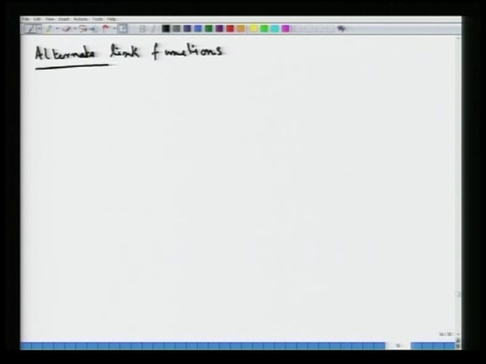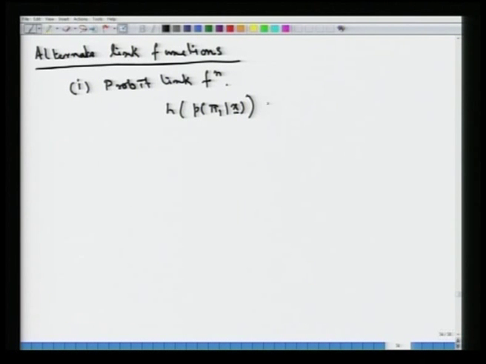There are two popular alternate link functions, one of which is called the probit link function, wherein we assume that a function of p(π1 | x), which is a probability, is given by capital Phi inverse of p(π1 | x), where capital Phi is the distribution function of a standard normal variate.